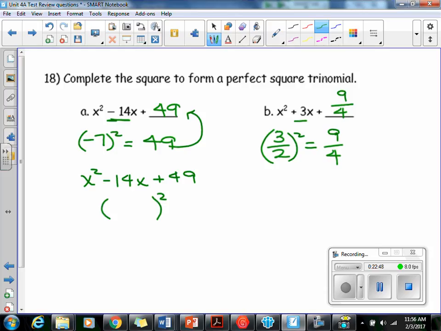You're not wrong, but generally the fractions are just easier to work with when you're doing this part. But it's not wrong. Okay, so again, if I needed to factor this out, remember it factors to be (x minus 7) squared. You always put the number that goes right here, I told you, should always be the number you get when you take half of that middle term. Okay?